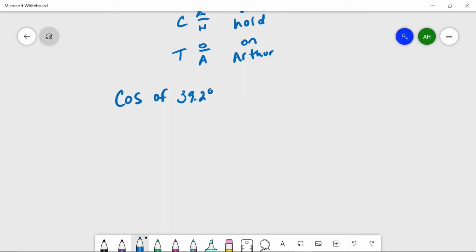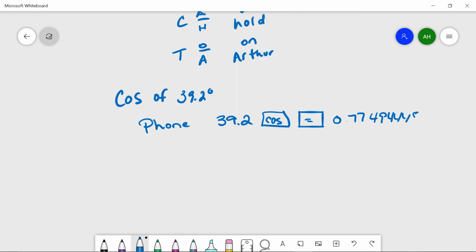In the book, what it tells you to do is to enter 39.2, hit the cosine button, and then you'll get your answer. Well, that works on the calculator that's on my phone. On my phone, I would enter 39.2, and then I would hit the button cosine, and then I would hit the equal sign, and it would give me 0.7749444488.